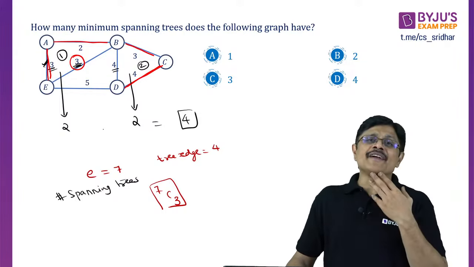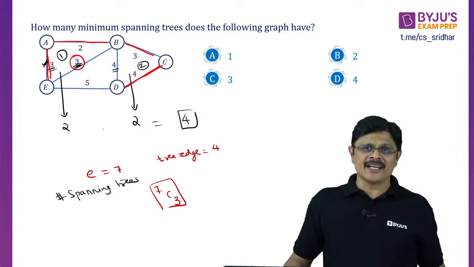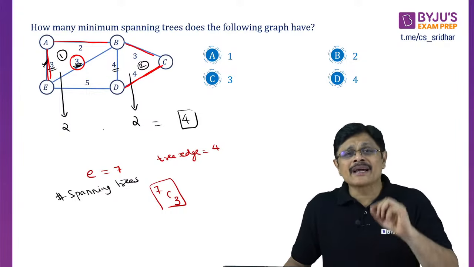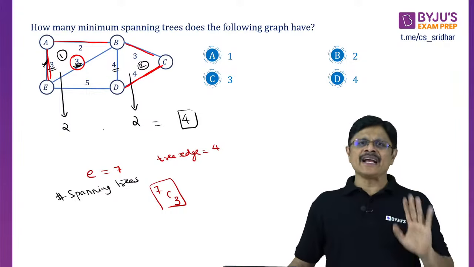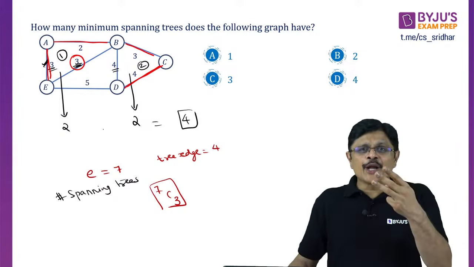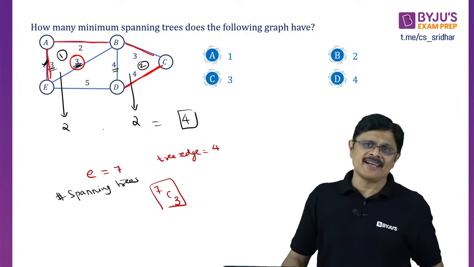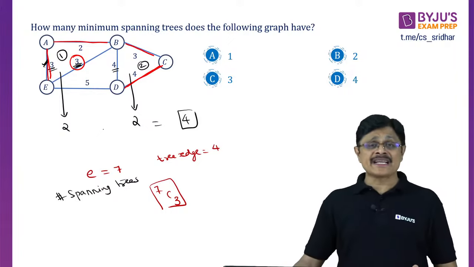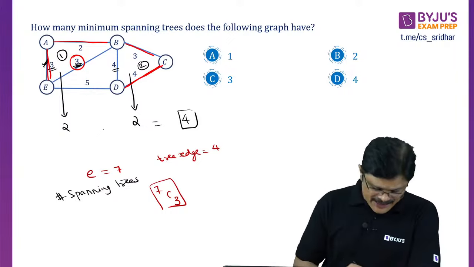So you have to identify how many 3 combinations there are whose removal creates a spanning tree. That is the idea. But some selections of 3 edges disconnect the graph. Identify what those 3 edges are.